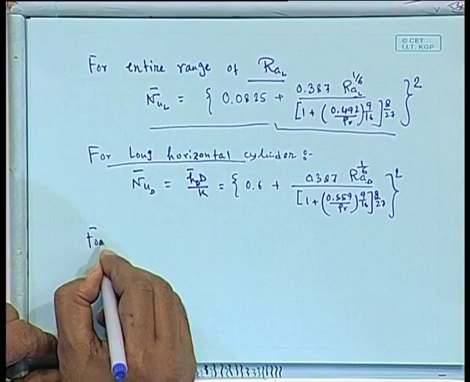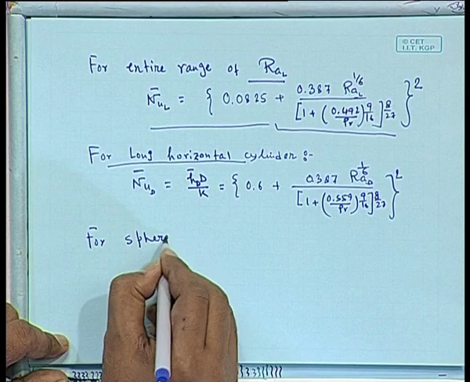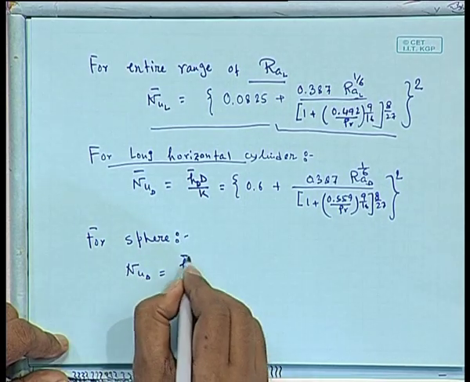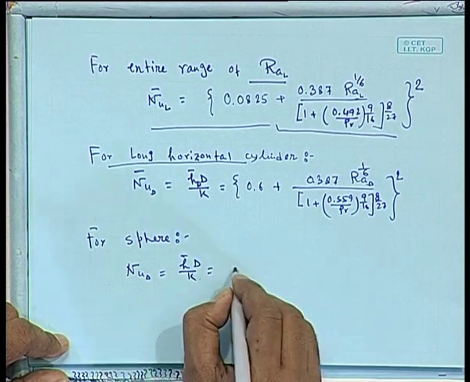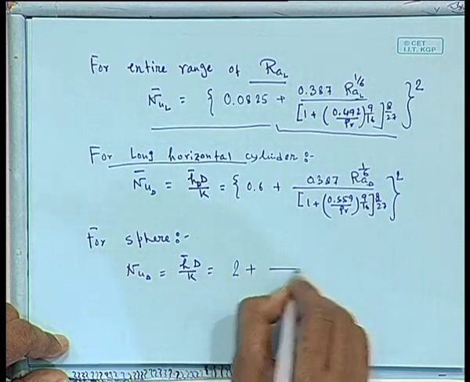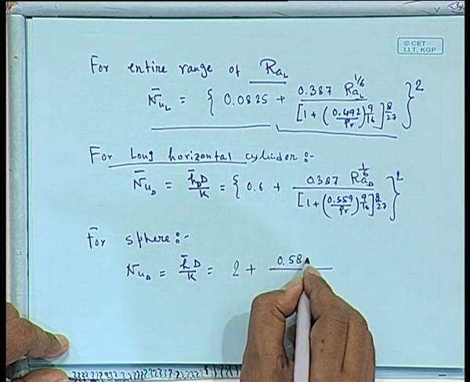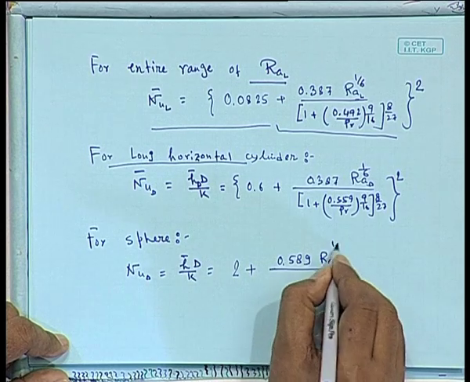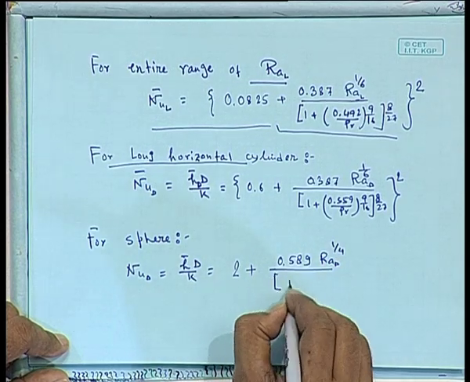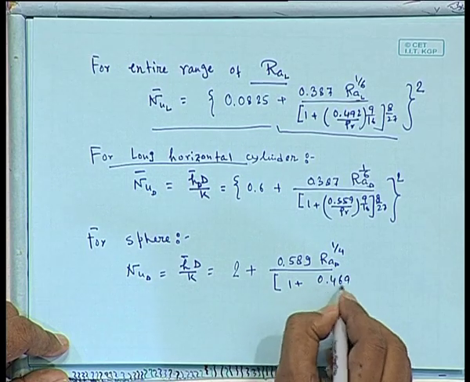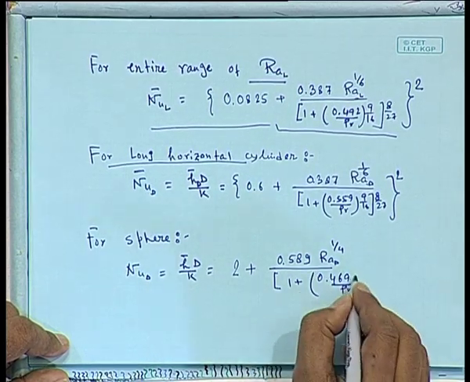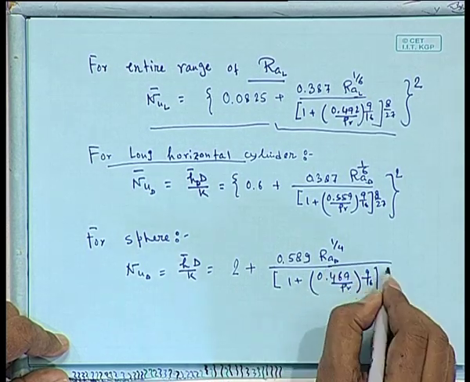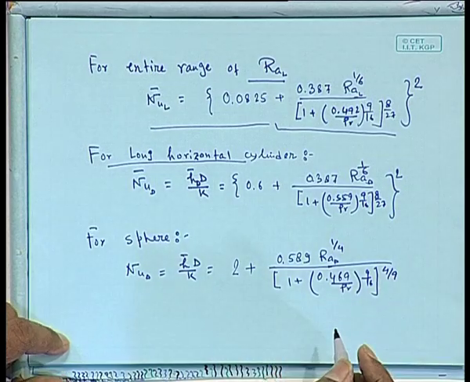Now, for a sphere, you will have 2 plus, and I think we previously described why 2 is coming, Rayleigh number raised to the power 1/4, divided by [1 plus (0.469 by Prandtl) raised to the power 9/16] raised to the power 4/9.